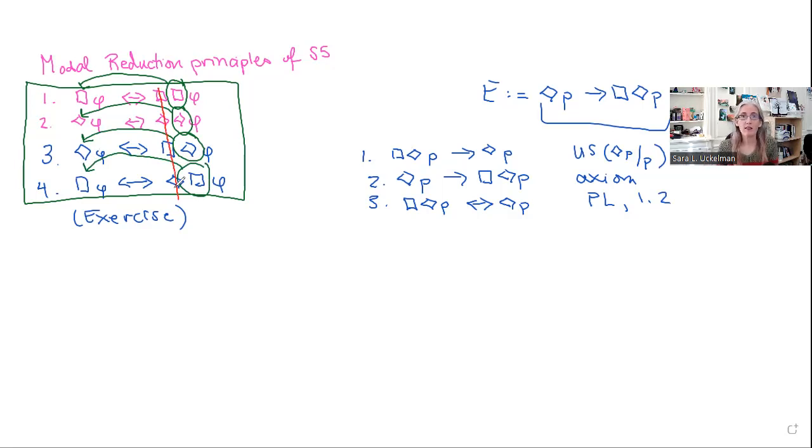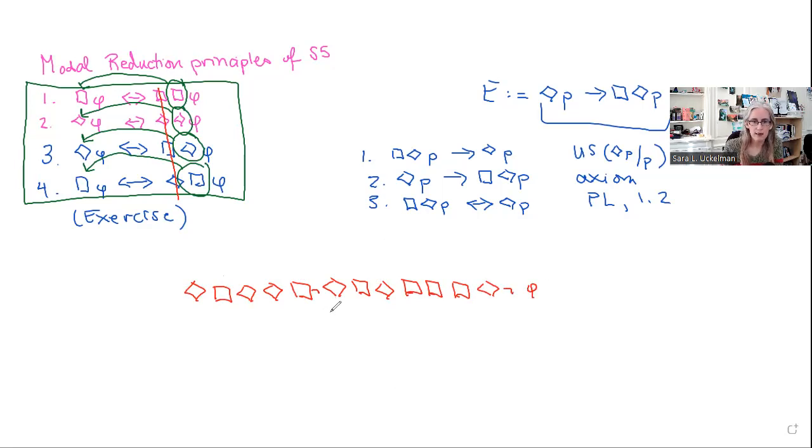So what the S5 modal reduction principles say is that no matter how complex or how complicated or how many different modalities you have in your string of modalities, now maybe there's some negations in there, let's stick a negation in there, etc. So suppose you've got something that looks like this.